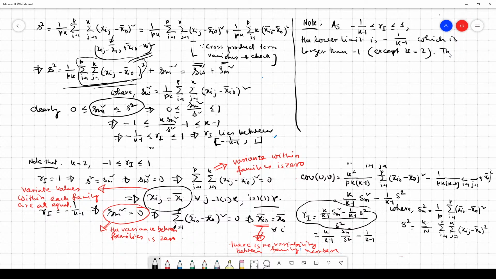The lower limit also varies with varying k.